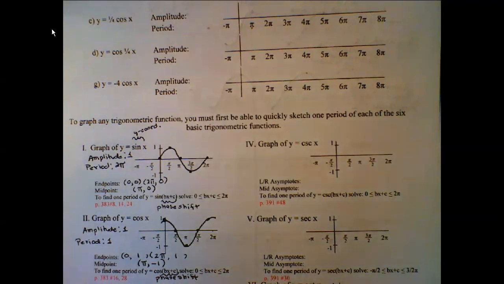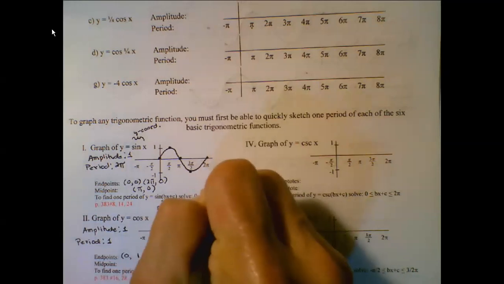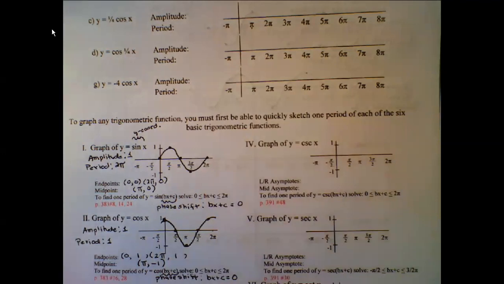To find the phase shift, you just set bx plus c equal to 0. That's true in both cases. Whatever bx plus c is, whatever the argument is, you set that equal to 0, and that will give you the phase shift that you're going to enter on the calculator or in MyMathLab.